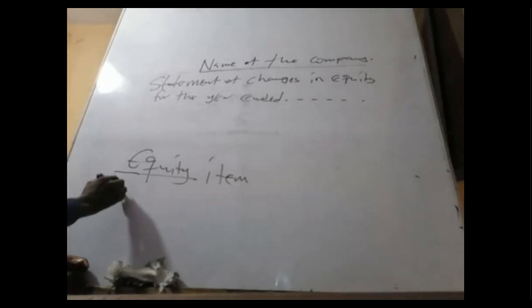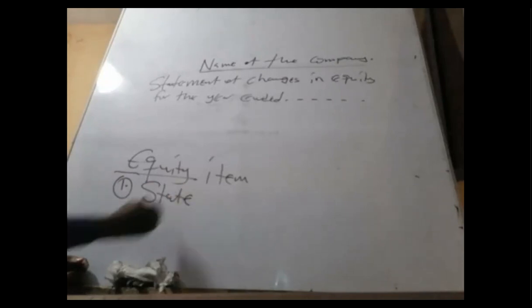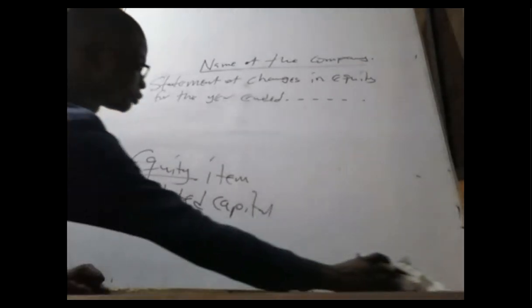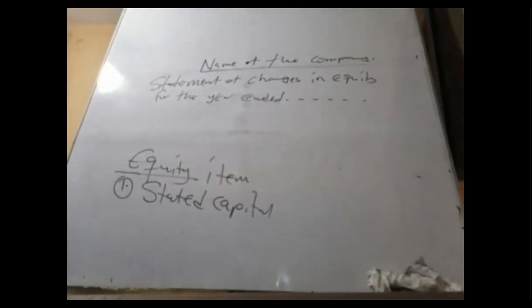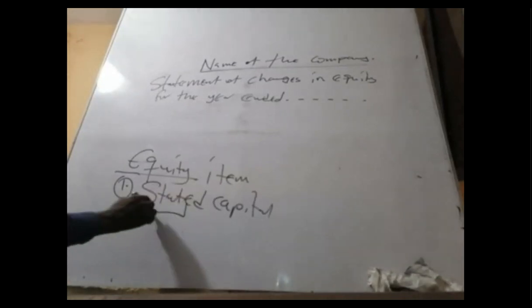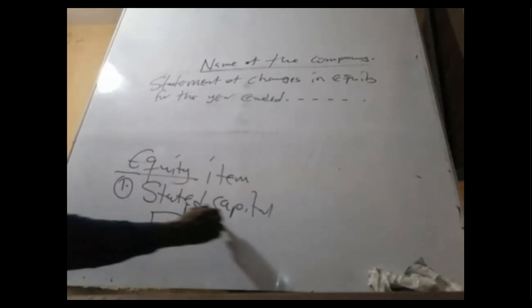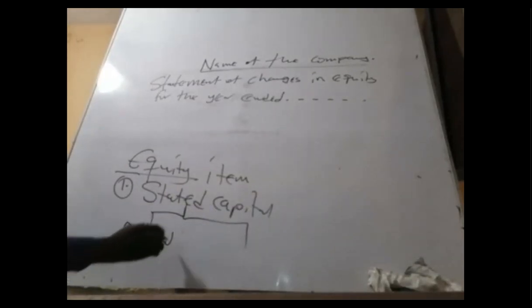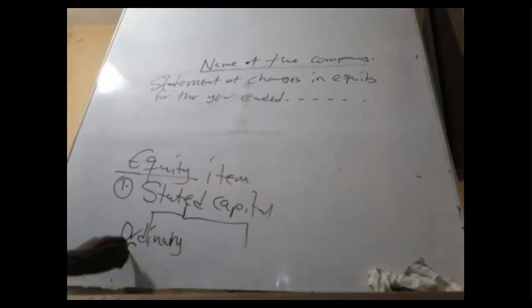Number one, stated capital, which is comprised of your ordinary share capital and preference shares.